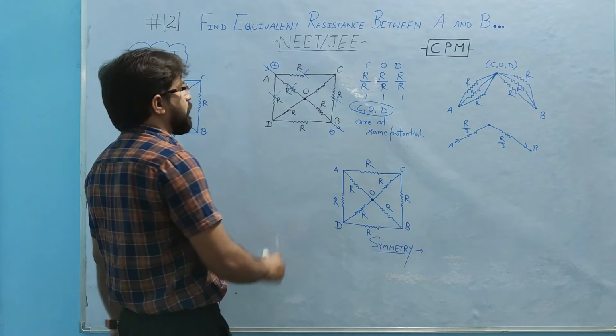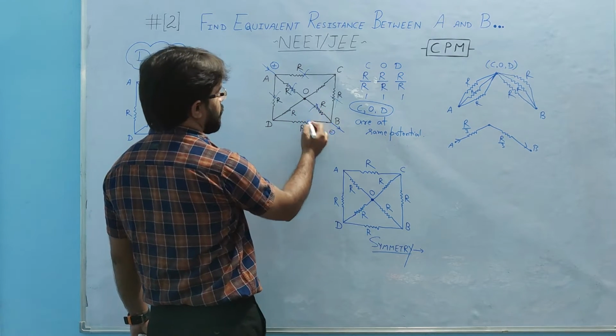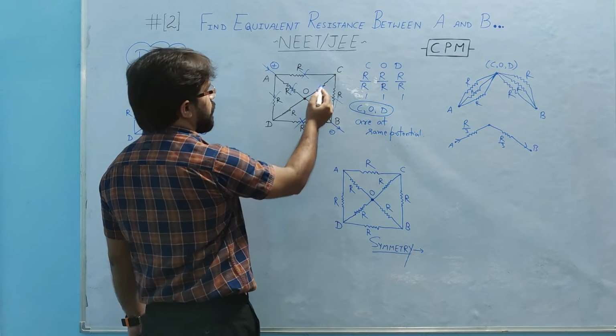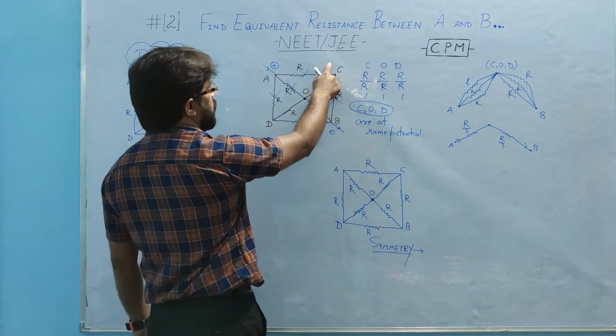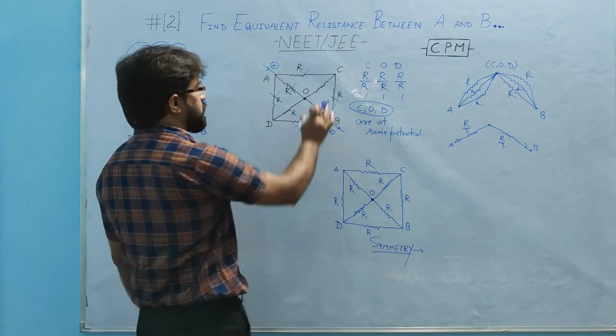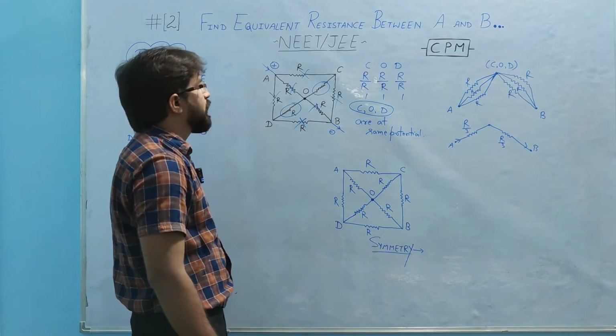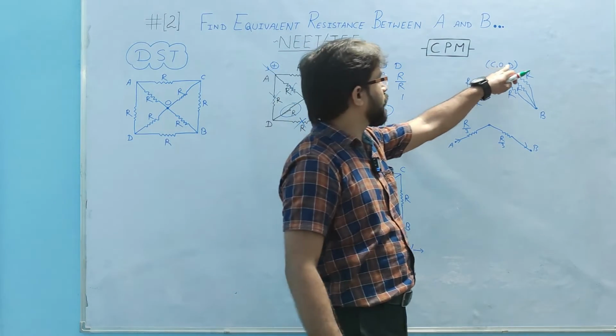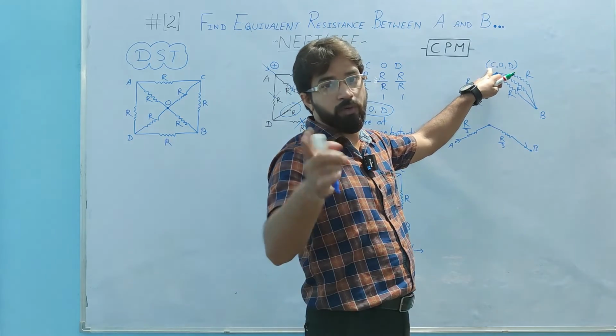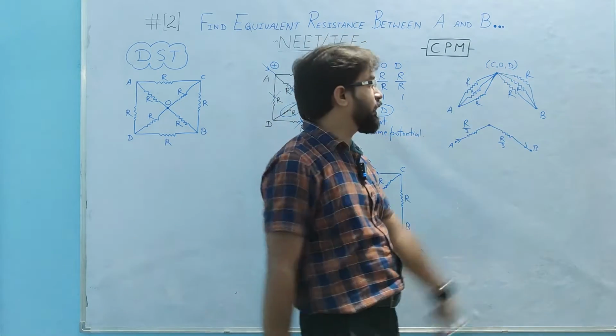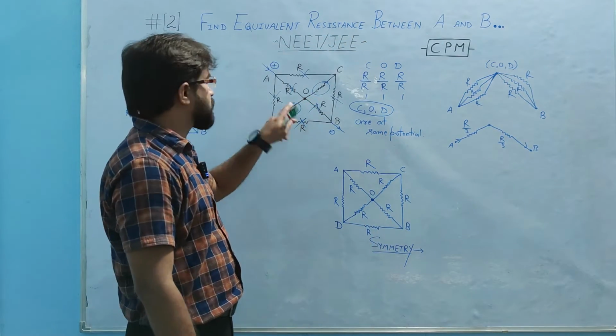You people will think, B to O we have done, B to D we have done, what about these branches? C to O to D, 2 resistors were there. They would be negligible. Why? Because in this figure, C, O and D are all one point only. So that is why these 2 resistances would be negligible.